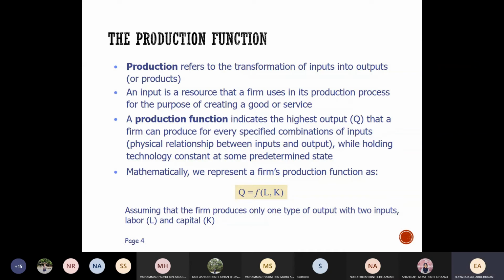Production refers to the transformation of input into output of products. As you know, in every production, if there is an input, definitely there is an output. Say we use a raw material, for example, timber.